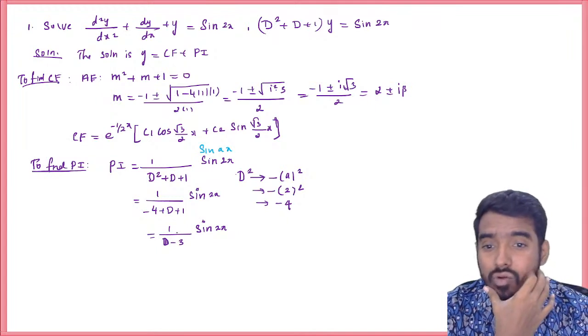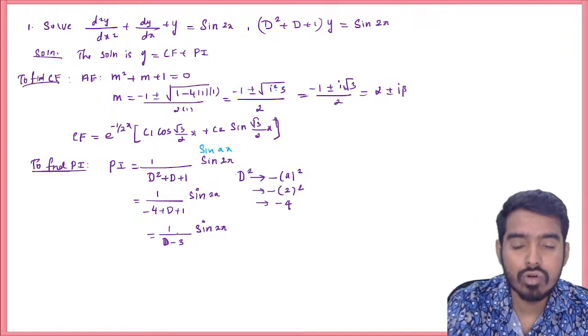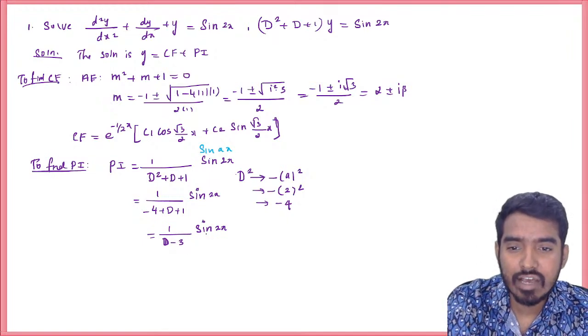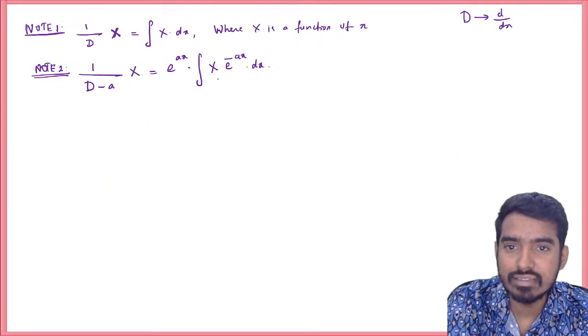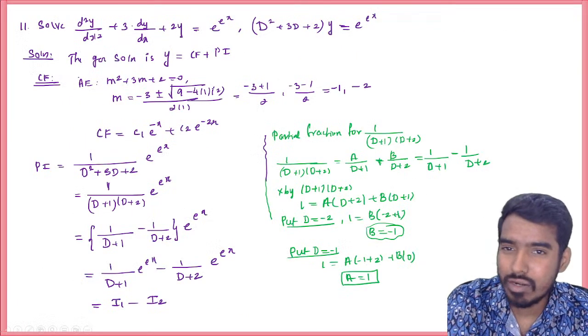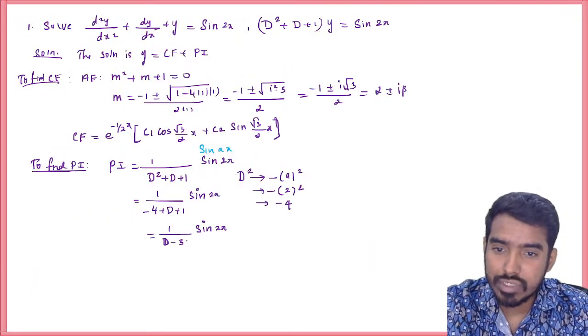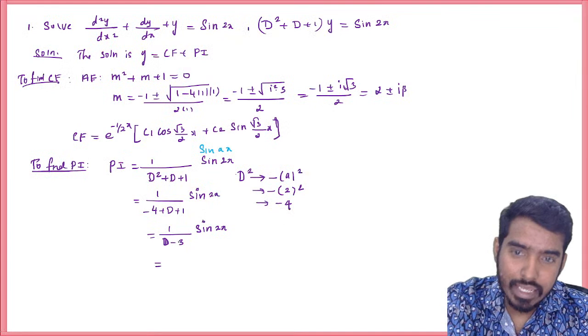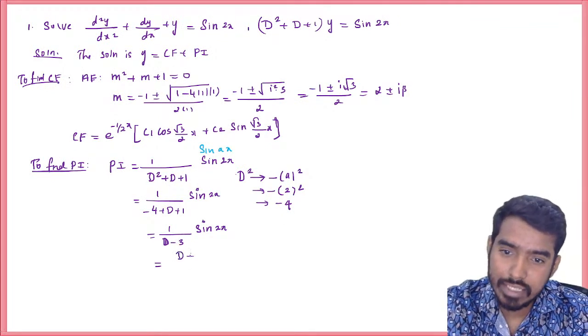Now you can do the previous method, that is, you can use the note. What does the note say? 1 by D minus a of capital X is this. You can use this formula, but I'll tell you another method, which will be very easy. You just multiply this with its conjugate. So D plus 3 divided by D minus 3 times D plus 3, of sin 2x.